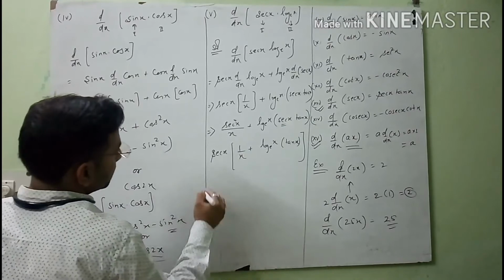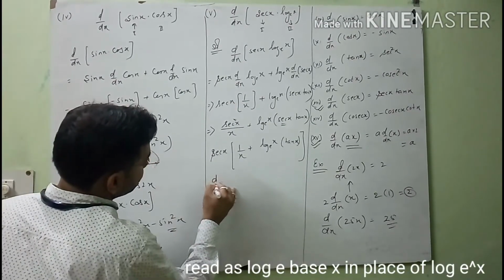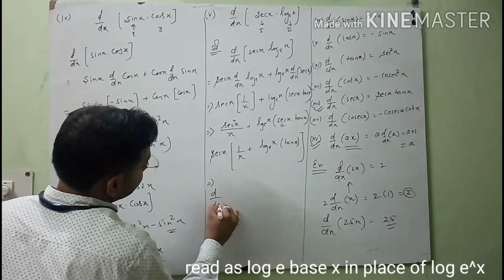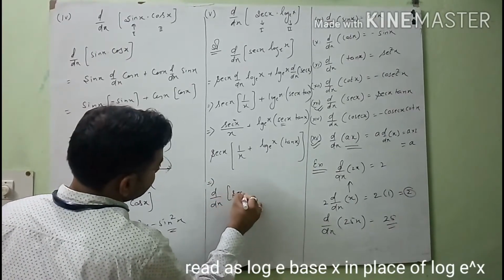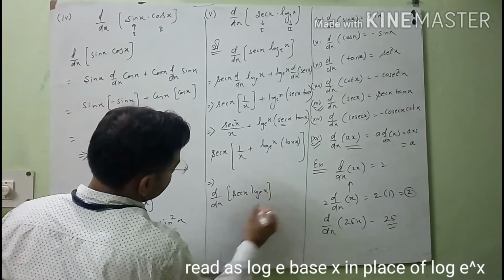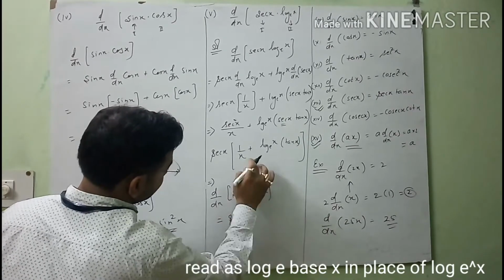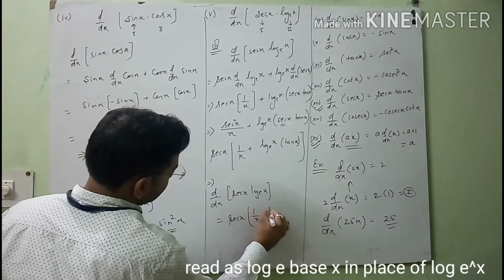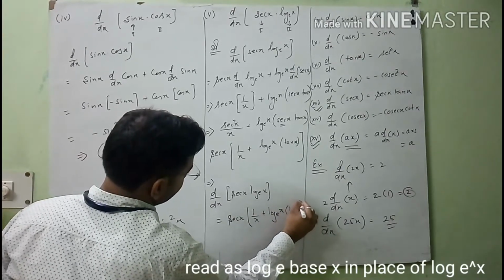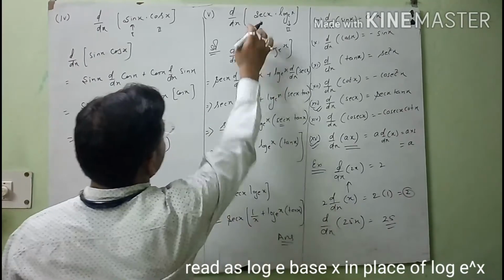So this is the solution for the differentiation of sec x into log e raised to the power x. Therefore we can write the differentiation of sec x into log e raised to the power x is equal to sec x, taking common here, 1 upon x plus log e raised to the power x into tan x. Point is clear? So this is the solution for this.